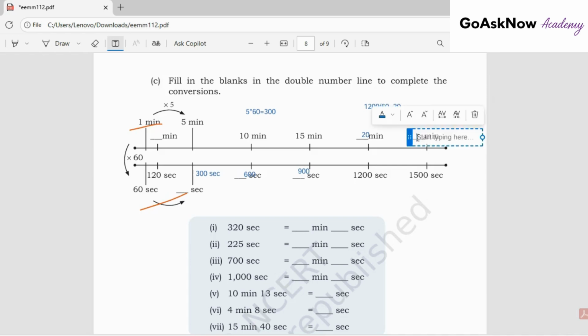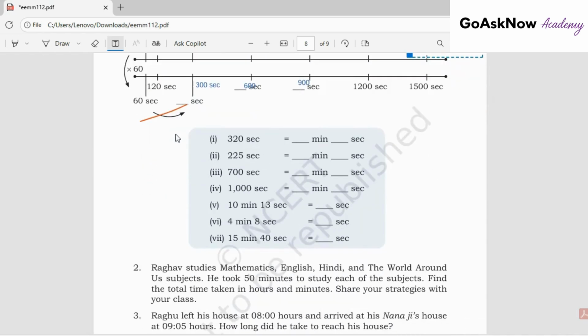Here the answer is 25 minutes is equal to 1500 seconds. Now converting 320 seconds, which is 320 divided by 60, will give this answer.